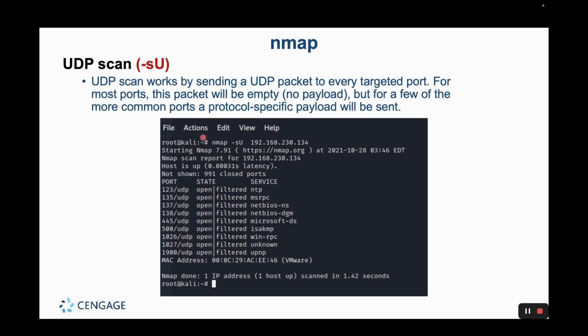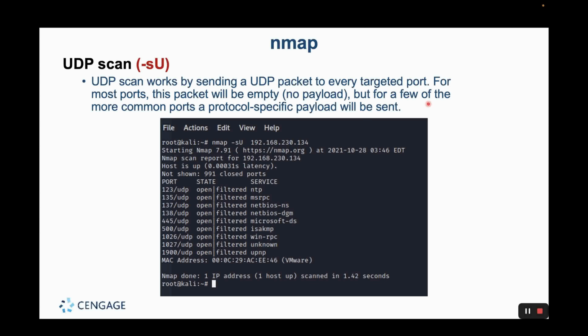Now let's look at the UDP scan. This is another important type of scan. The UDP scan will look like this, -sU. UDP scan works by sending a UDP packet to every targeted port. For most ports, this packet will be empty, no payload.